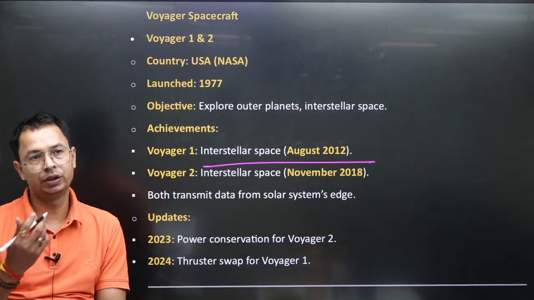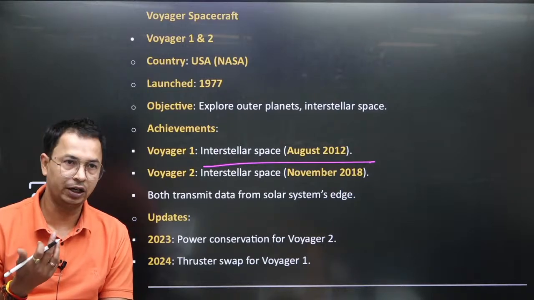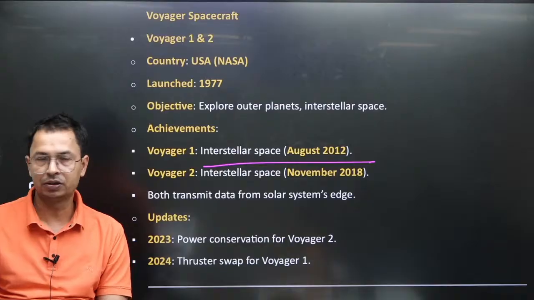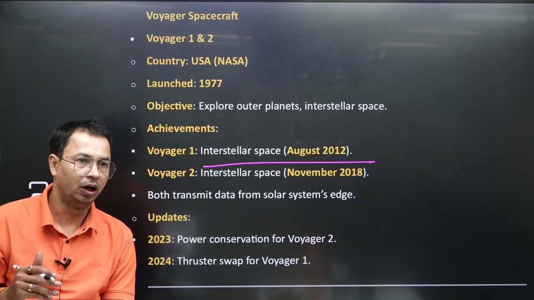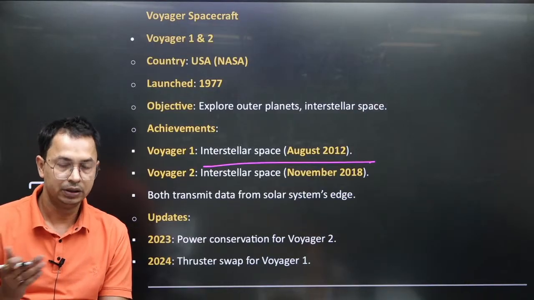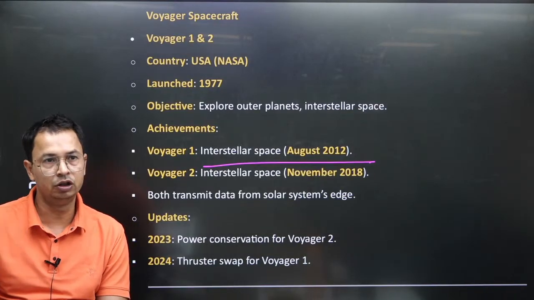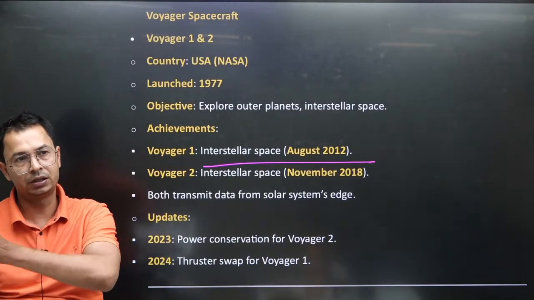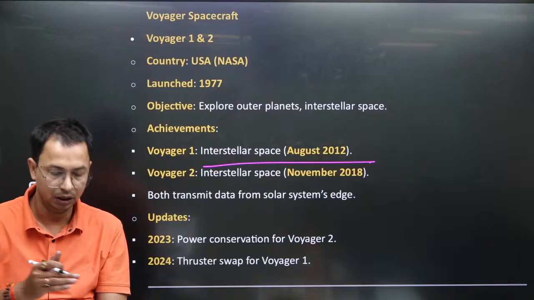Voyager 1 went into interstellar space. It means it crossed the heliopause in 2012. It means it is not in the solar system right now. Voyager 1 and 2 are using a radioisotope thermoelectric generator, and Voyager 2 crossed the heliopause in November 2018. Right now they are in the interstellar space between the Sun and Proxima Centauri A.